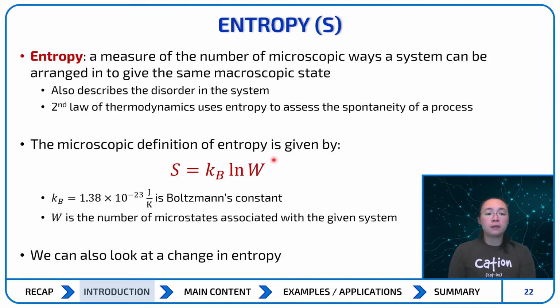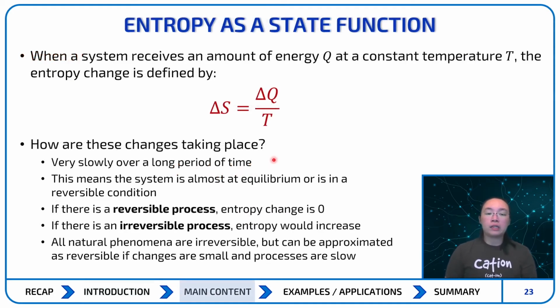So now that we've defined entropy, which is the state of disorder of a system, another state function, we can also look at what happens when there's a change in entropy. With the second law of thermodynamics, the change in entropy for a spontaneous process usually should be positive, because as your system grows or as time progresses, your entropy should be increasing.